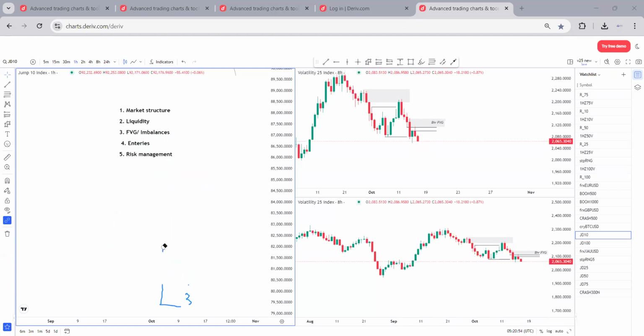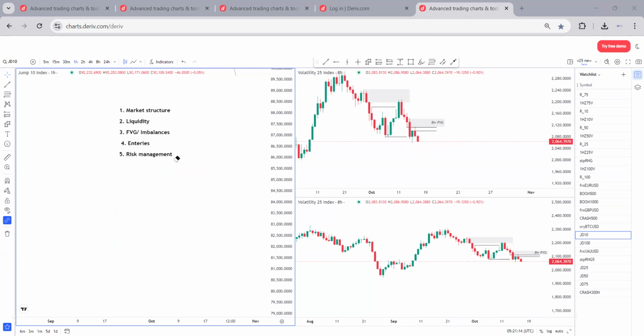The use of fair value gaps is that you can use them as support or resistance, depending on your bias. All right, so that is that.